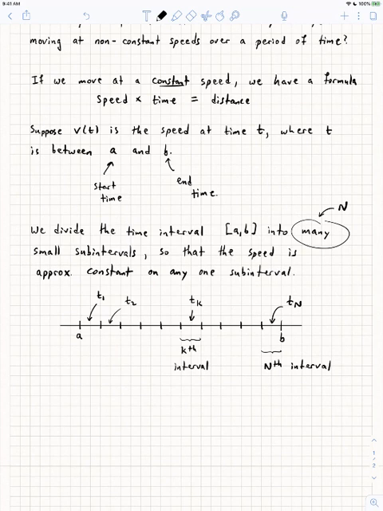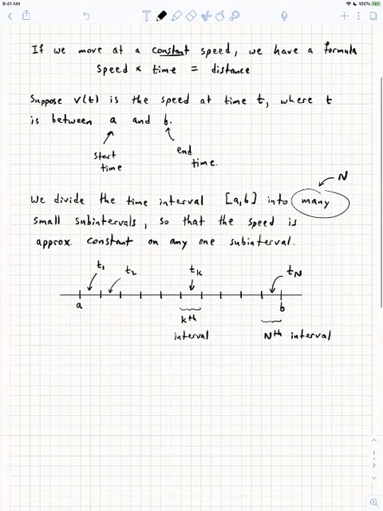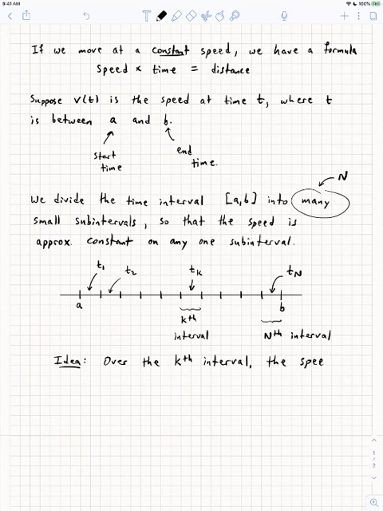These are representative times. So the idea here, over the kth interval, the speed is approximately constant. It might be changing, but we're imagining that this interval is so small that it doesn't change by much.